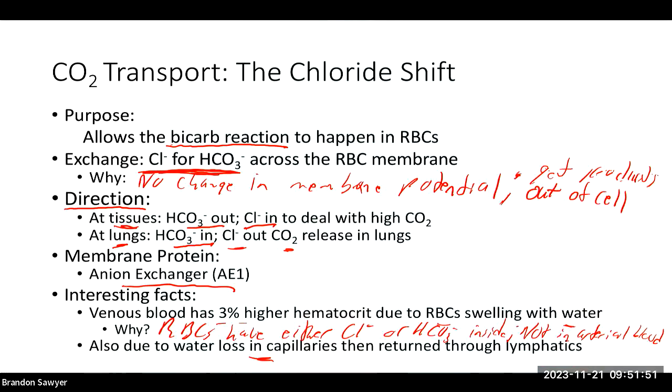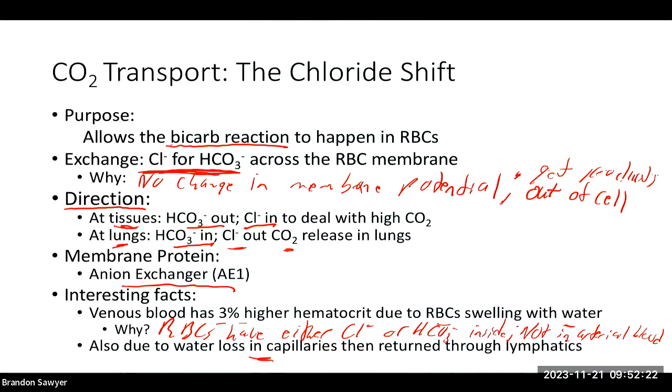Only on the venous side though, because this whole system is due to picking up CO2 at the tissues, right? On the other side, we haven't picked up CO2 yet, so we don't have the chloride or the bicarbonate inside. So it's adding some osmotic pressure to the cell, which pulls some water with it too. Then our red blood cells get bigger, so they take up more of the space of the blood. That's all hematocrit is, what volume of the blood is made up by red blood cells compared to plasma. So that increases it quite a bit.